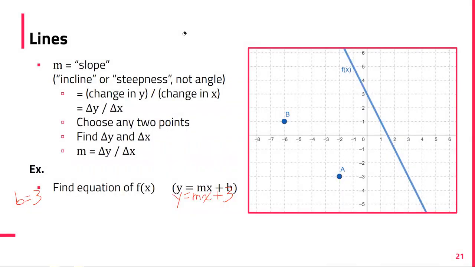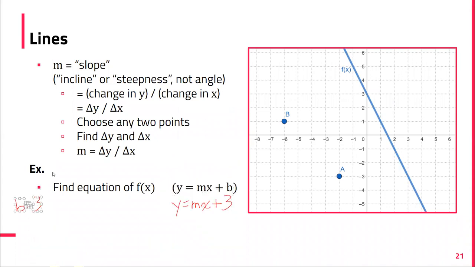Okay, so slope is, again, the steepness or incline of a line. Talking about angles is one way to describe the direction that a line goes. Slope is a completely different way of doing it. Both work, but when we talk about this kind of graphing, we use slopes because it's very useful.